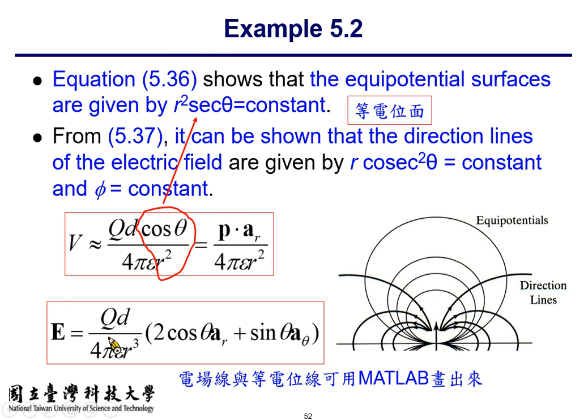And so below is the electrical field intensity, as you can see here. So you can use this expression to draw the bold arrow lines over here. To draw the thin solid lines here, which are the equal potential surfaces, you can put this expression in MATLAB.